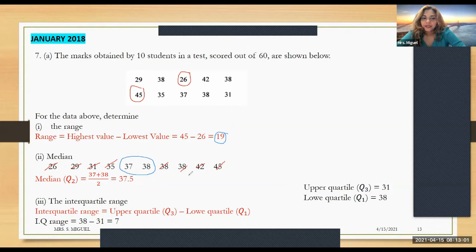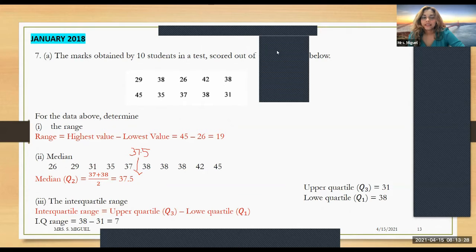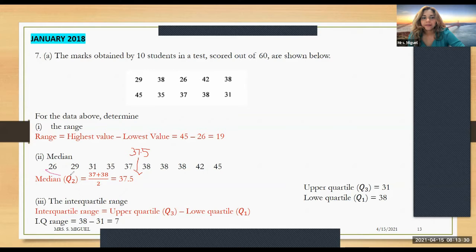In part 3, they ask for the interquartile range. So I am going to insert the median, which is the middle value. The median is 37.5. So for the first half of the data, I have to find the middle value, and the same thing applies for the second half of the data.